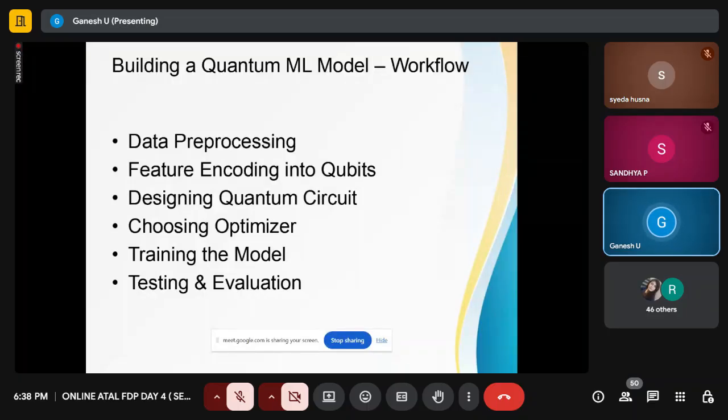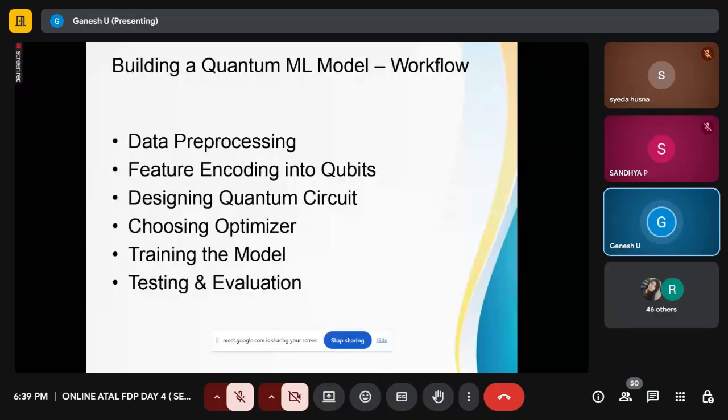Data pre-processing is the same. When we take the data, we process and clean it, removing erroneous values, exceptional values, miscellaneous or wrong values, empty values, or redundant values. For feature extraction, we have to encode the data.